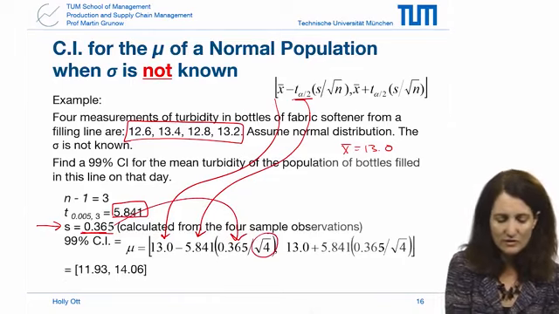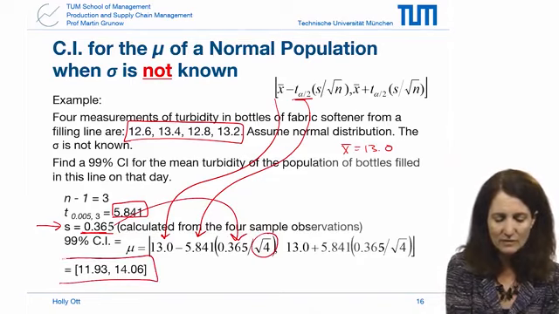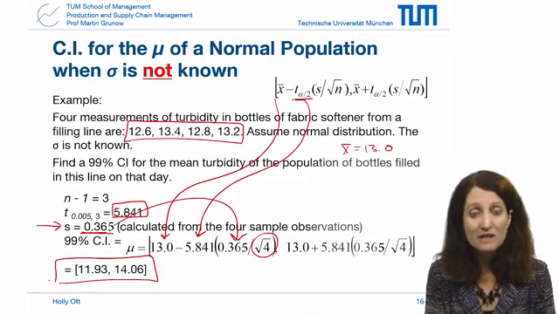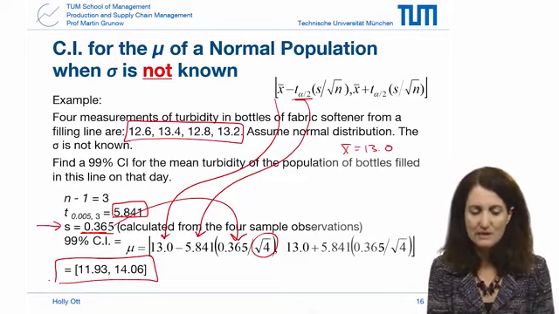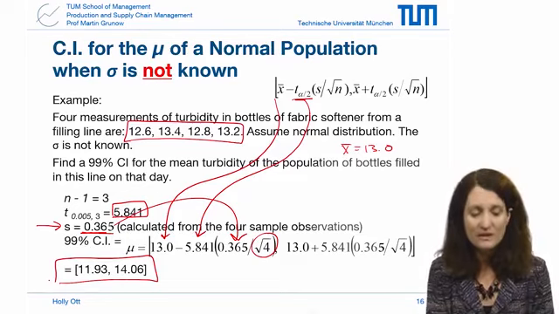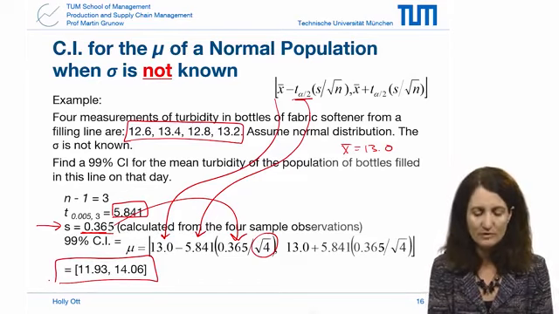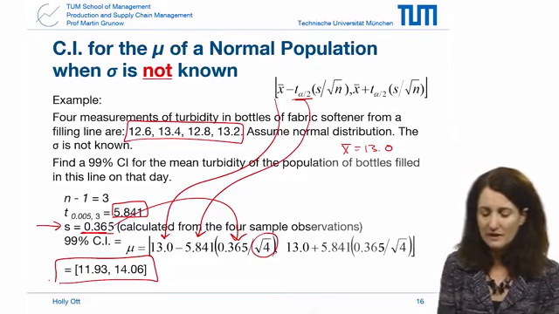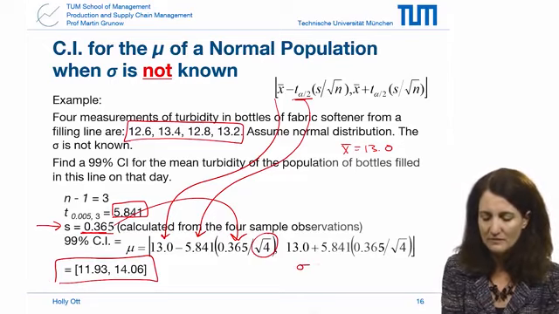If you work that out, you get 11.93 and 14.06. We are 99% confident that the population mean for the turbidity on this day in parts per million lies between 11.93 and 14.06.